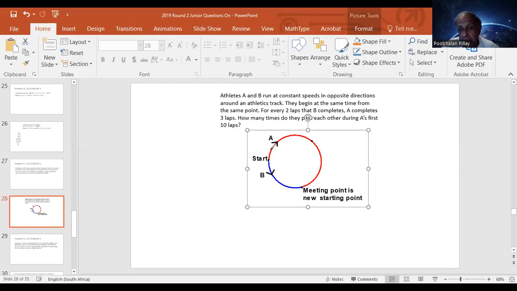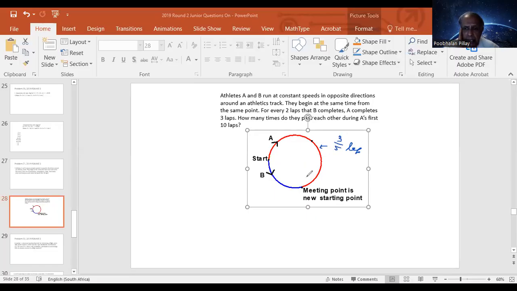Now, when A does 3 laps, B does only 2 laps. So in other words, the ratio of the distances is 3 parts to 2 parts. What does this mean? It means that the red part is 3/5 of a lap.